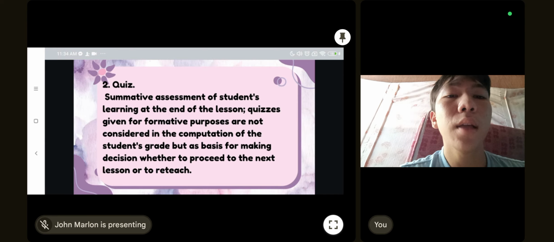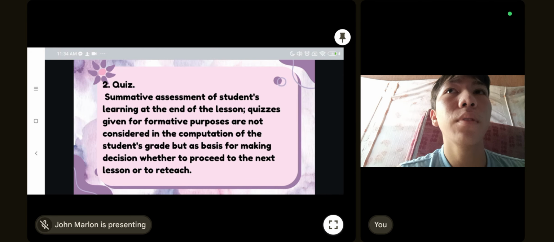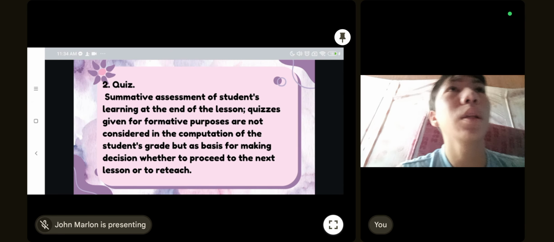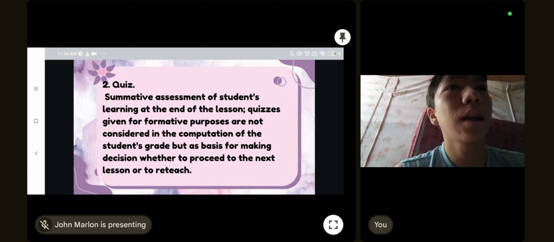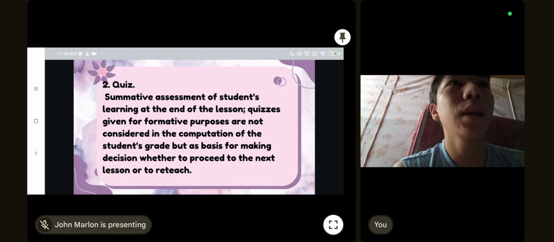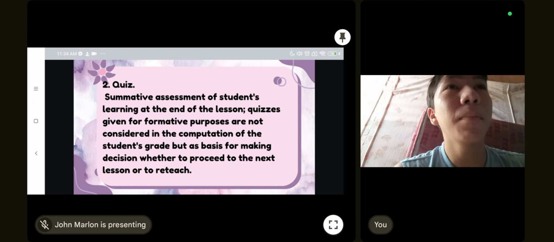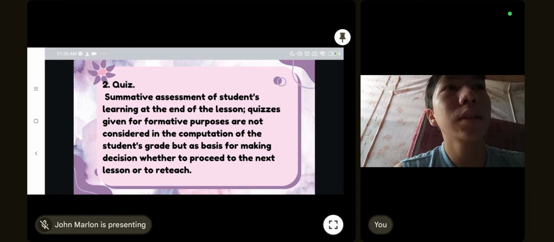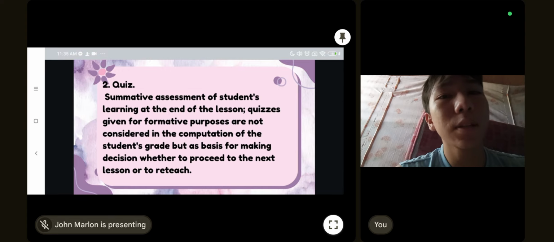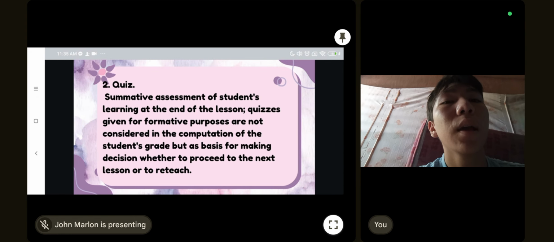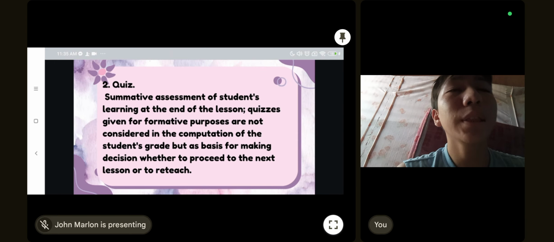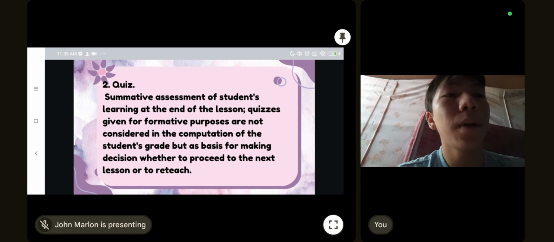If the students are still struggling, you cannot just proceed, so you have to pre-teach so the students can understand better.